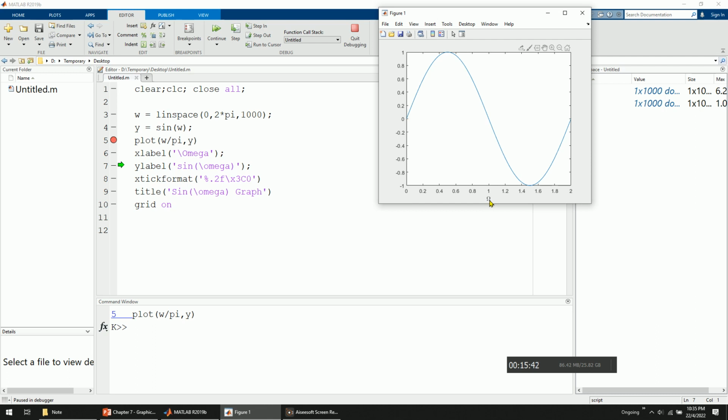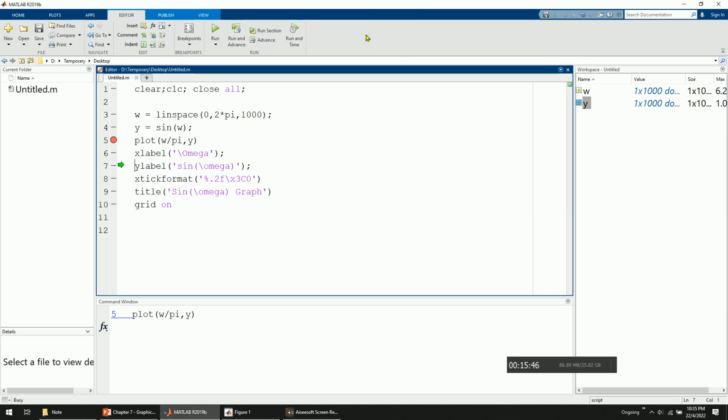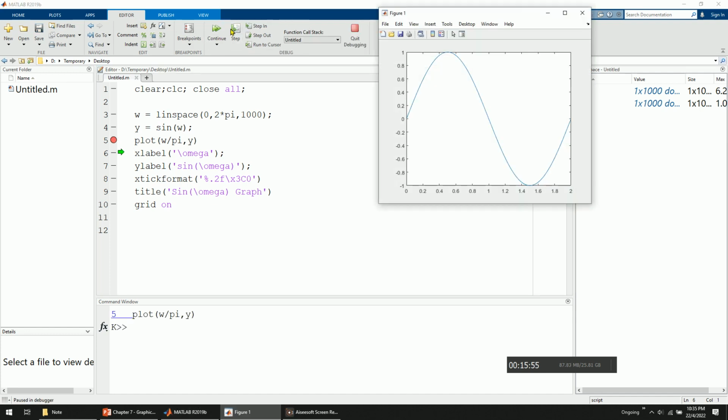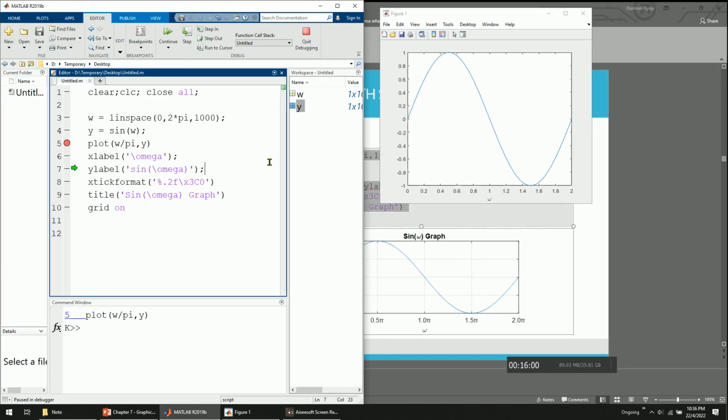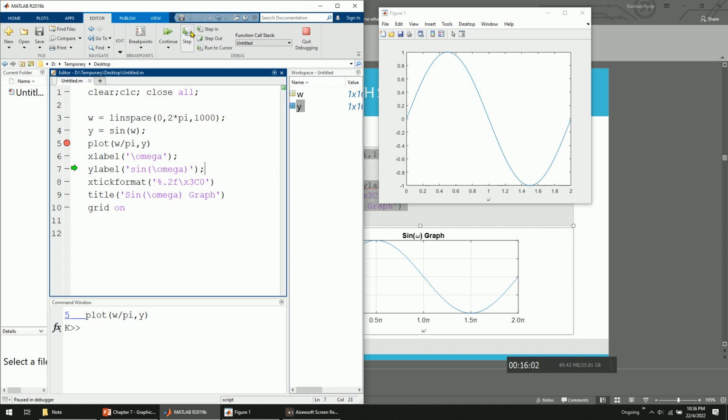See, it is now ohm, the ohm symbol. So make sure you use the correct one. This one is small letter to create an omega. And then for ylabel, it will create a ylabel here. Same here, only sine, open bracket, omega. So it will create sine omega.